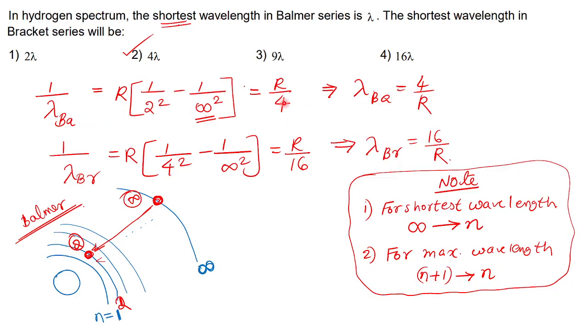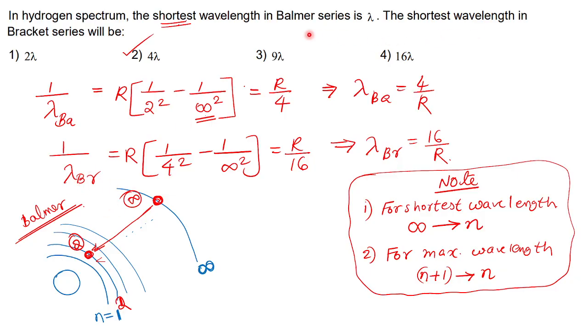You have to take the reciprocal on both sides. So lambda B, meaning Balmer series, equal to 4 by R. The reciprocal of R by 4 is 4 by R.